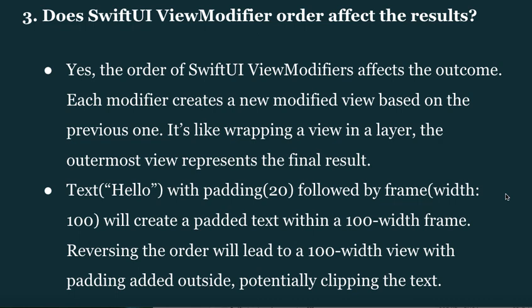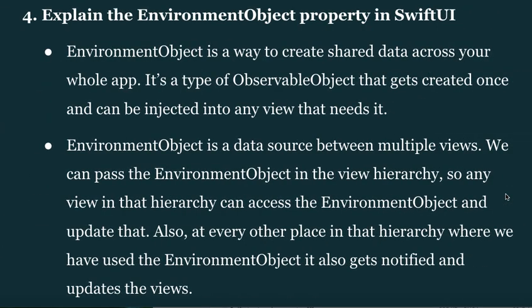Text hello with padding 20 followed by frame width 100 will create a padded text within a 100 width frame. Reversing the order will lead to a 100 width view with padding added outside, potentially clipping the text.